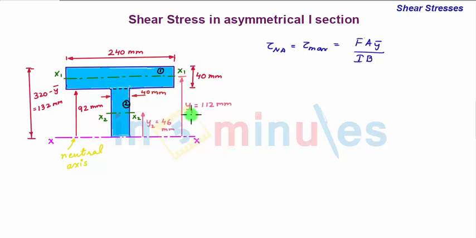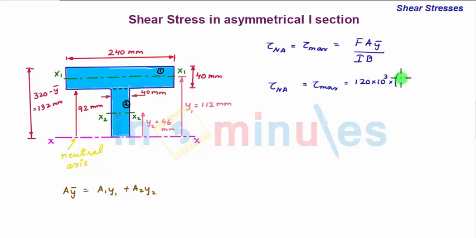Now by calculation, we get the value of y1 as 132 minus 40 by 2, equal to 112 mm, and y2 is half of this depth, which is 92 mm, which we get by 132 minus 40, and half of this depth is 46 mm, and it's the value of y2. So now upon substituting the values, we have shear stress at the neutral axis equal to shear force 120 into 10 to the power 3, multiplied by A y bar, which will be given as A1Y1 plus A2Y2.